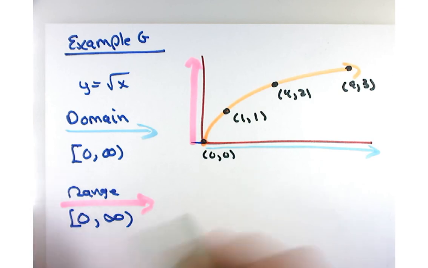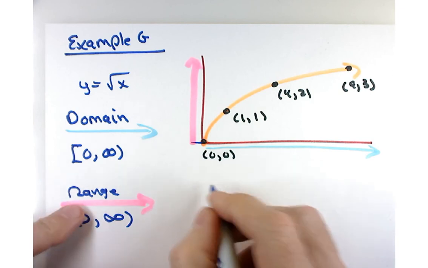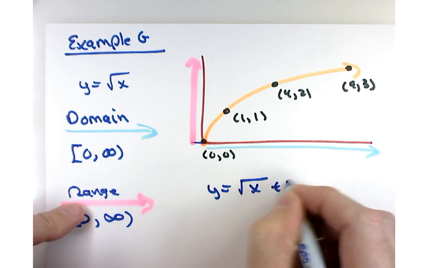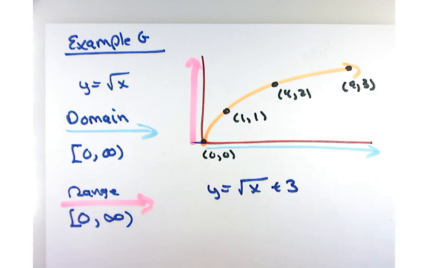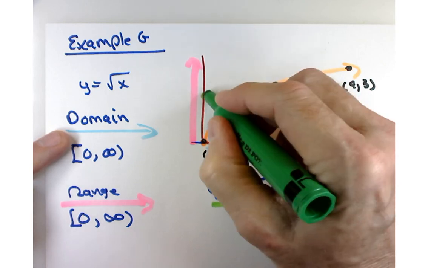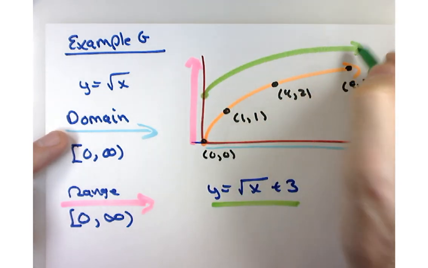What if I looked at, for instance, y equals the square root of x plus 3? How's that going to affect the graph here? Yeah, it's going to start by being shifted up by 3.